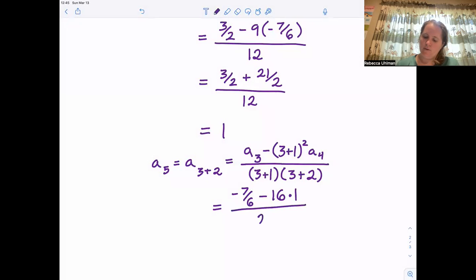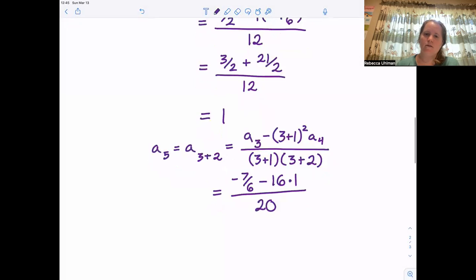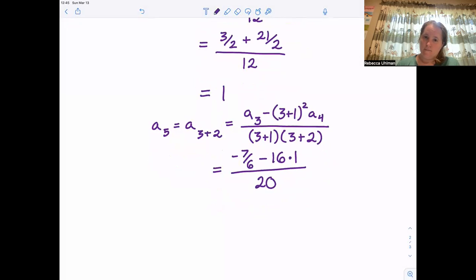Divided by 4 times 5, or divided by 20. 16 times 6 is 96, so we're looking at negative 103 over 120.